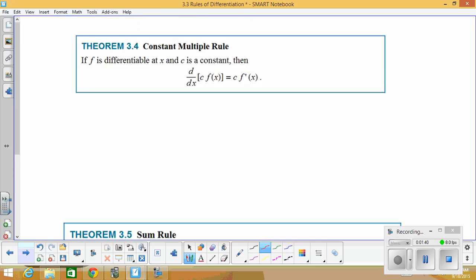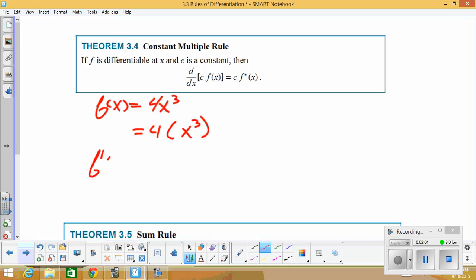We have the constant multiple rule. Think about this. If I was given f of x is equal to 4x cubed, I could, in a sense, break this 4 out separately and do my power rule with what's inside the parentheses, the x cubed.